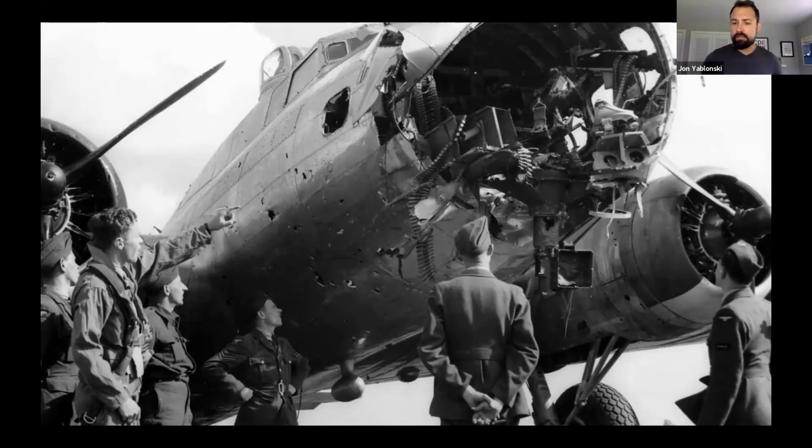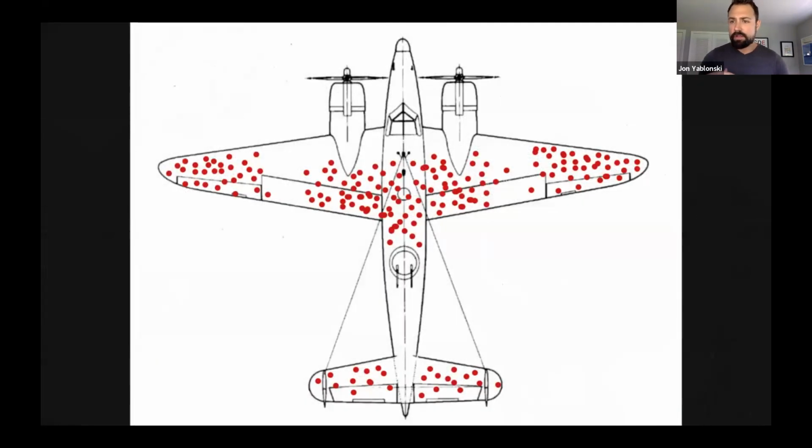What they discovered, after examining the planes that were coming back, was that damage was concentrated in very specific areas of these bombers. Logically, they assumed this is where they needed to put more armor to protect these bombers better when doing bombing raids.